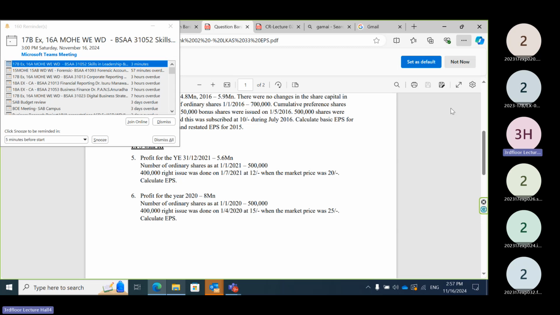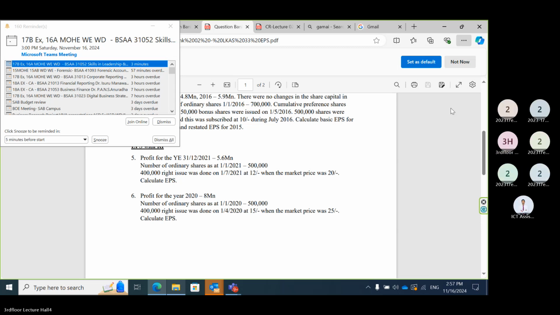So then definitely that should be added here. 50% preference shares. Right?